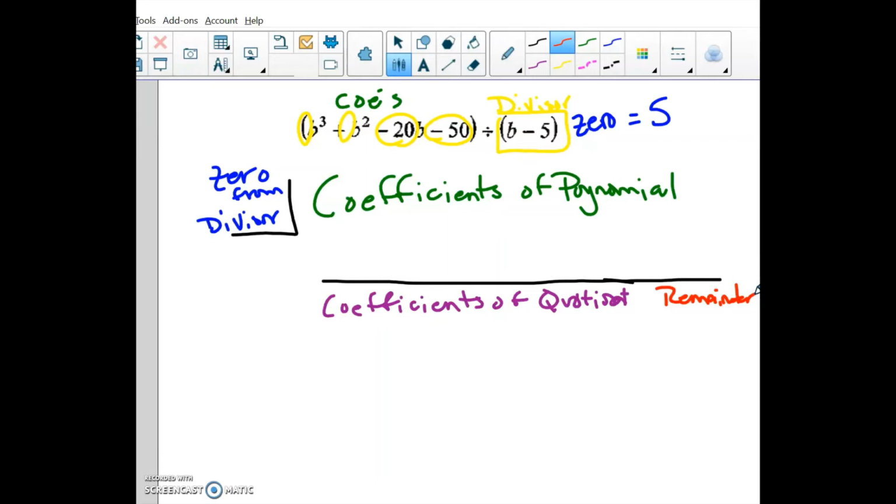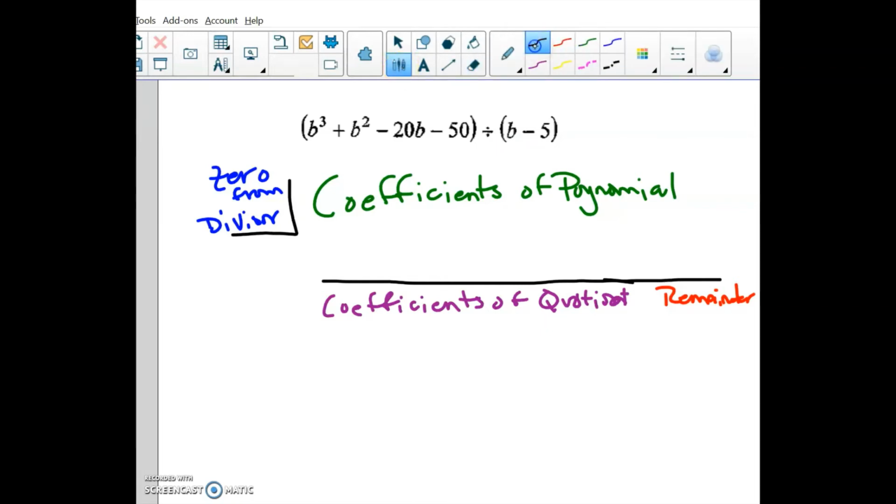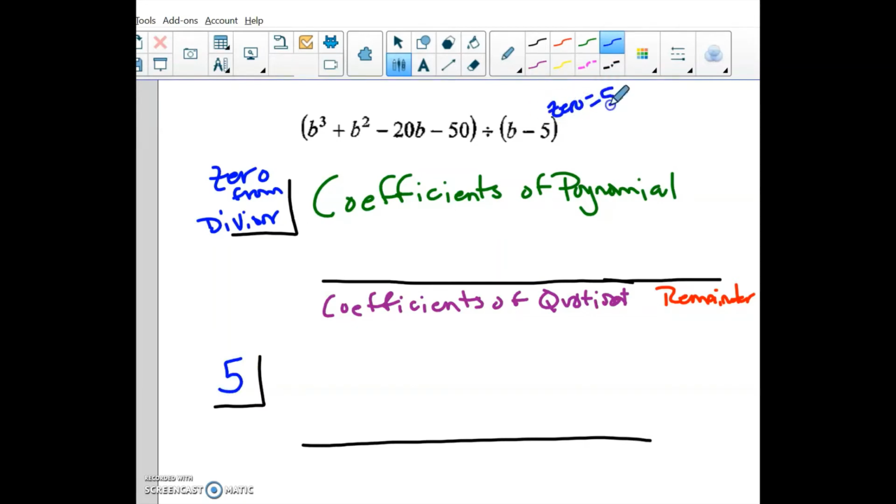So let's take the problem that we have and just set it up, and see what happens. We'll have a little box and a horizontal line. We're going to use the number 5 because that's the zero. The zero equals 5.